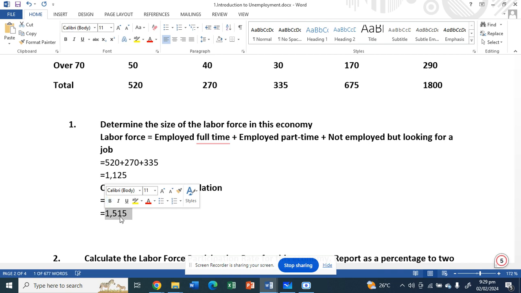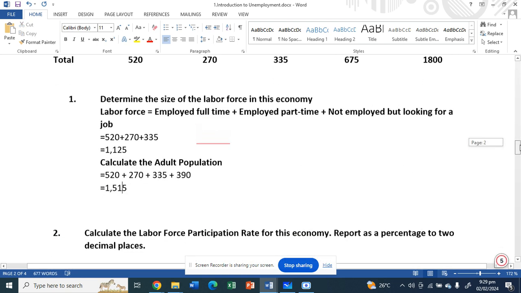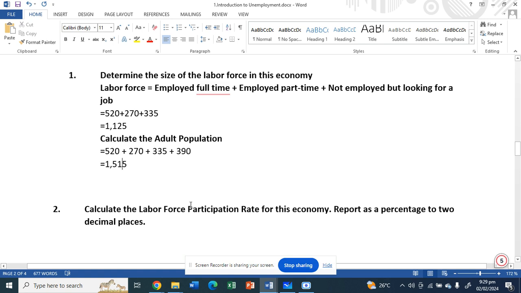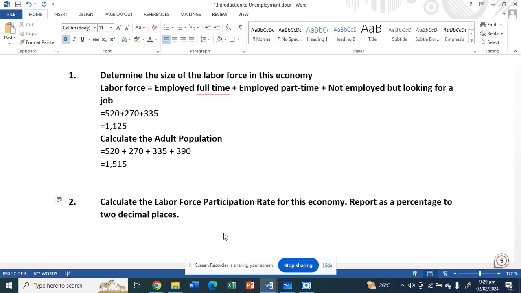Right, now the second question is calculate the labor force participation rate for this economy. So in order to get the labor force participation rate, what is the formula? It is the labor force divided by the adult population multiplied by 100%.